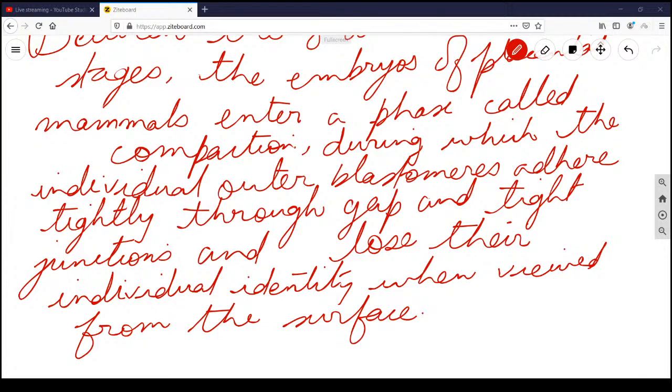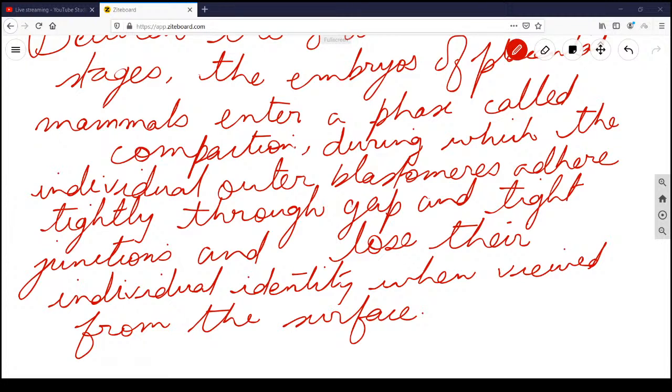Okay, and again I'll tell you, compaction is also mediated by the concentration of calcium. Because when the calcium influx happens, calcium activated cell adhesion molecules start to express and perform their functions.